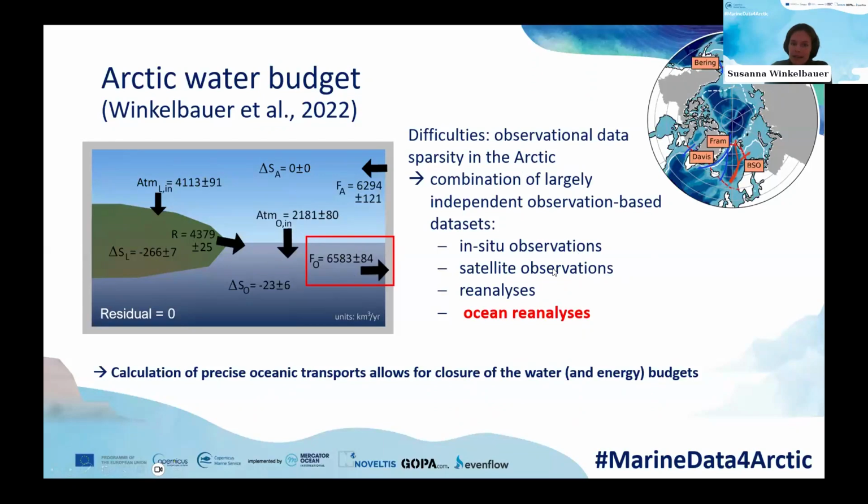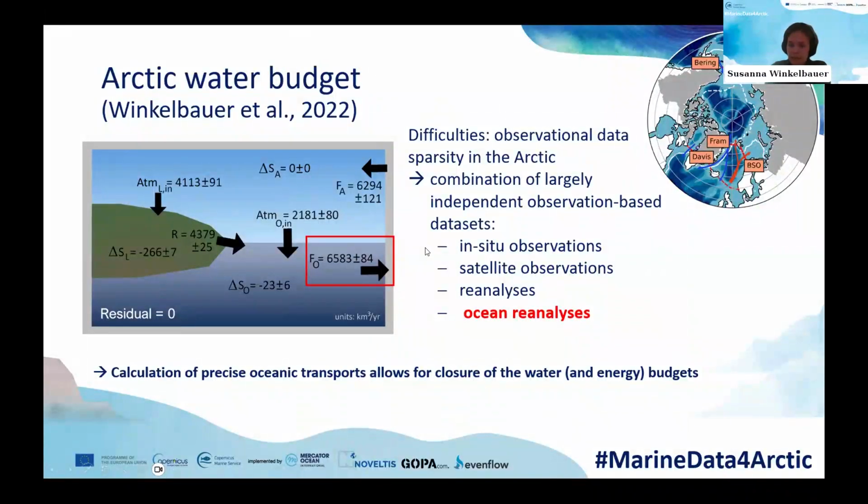Now, in this study, we combined all possible observation-based data sets. So we used in situ observations, satellite observations, reanalysis, and for those oceanic transports, we used ocean reanalysis to create updated estimates of all the budget components.